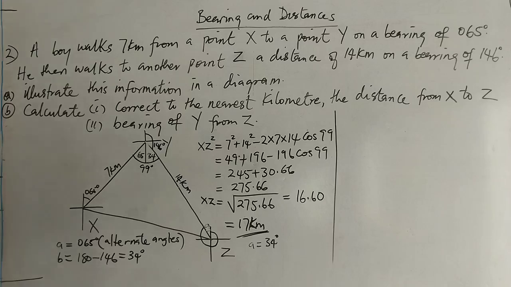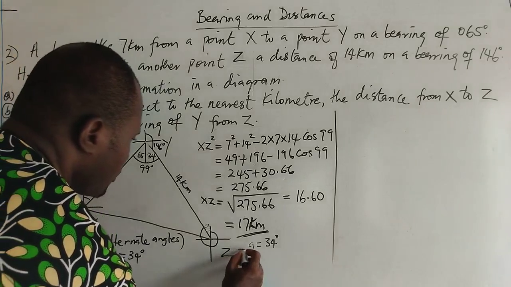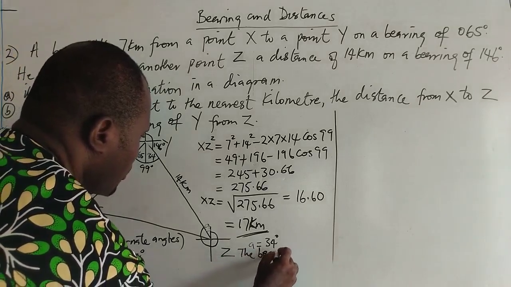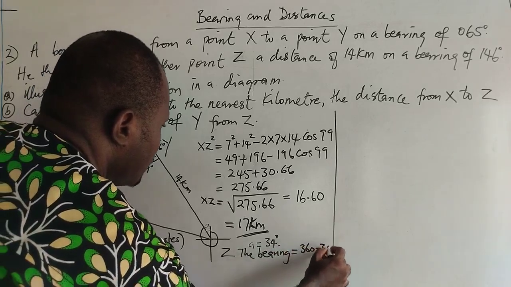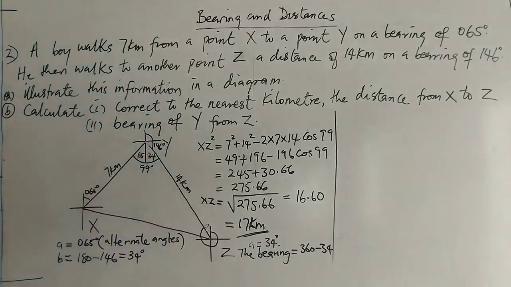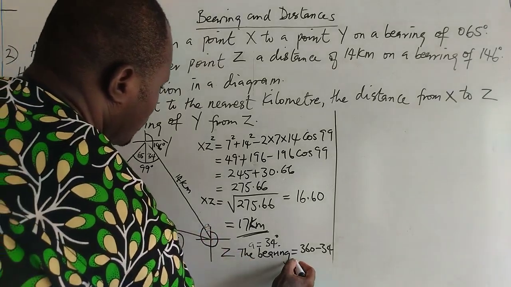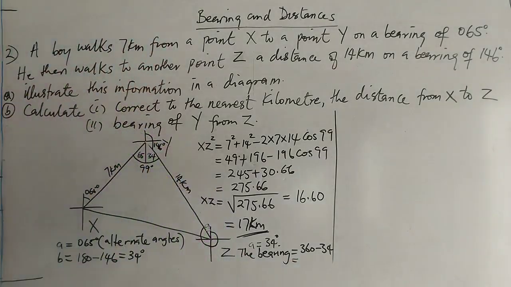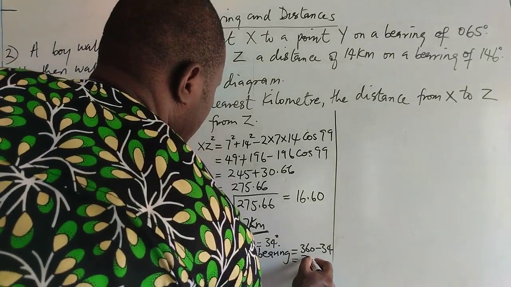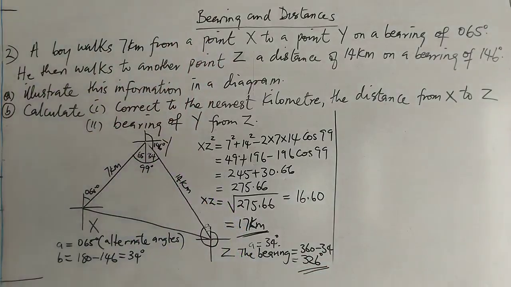And then finally, the bearing is equal to 360 minus 34. And that will give us 326 degrees.